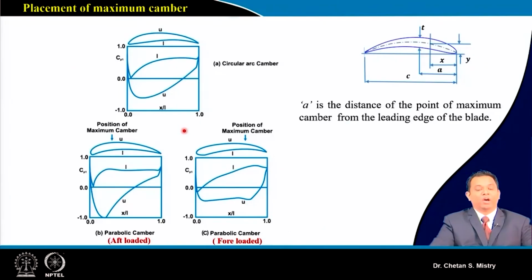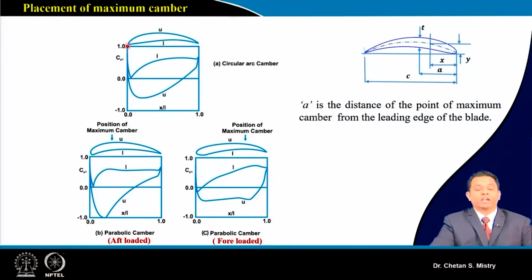Okay, now we have discussed the maximum camber location. Here this represents one of the aerofoils, with a circular arc camber line. Here this represents what is happening on the pressure surface, and this represents what is happening on the suction surface.